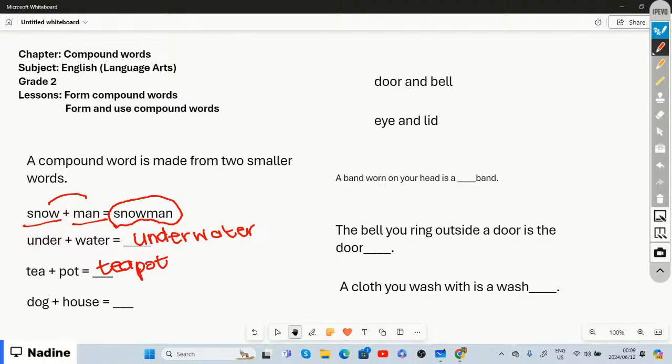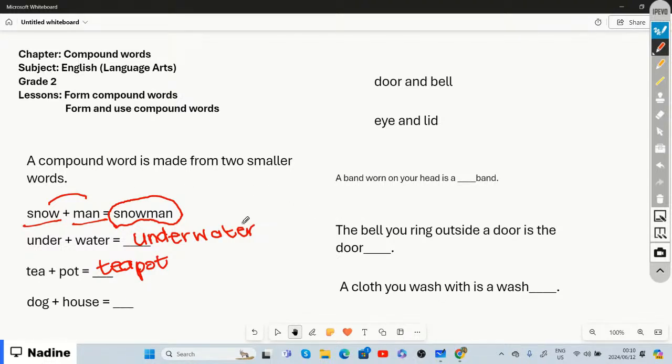So tea plus pot is a teapot. There we have underwater and teapot.